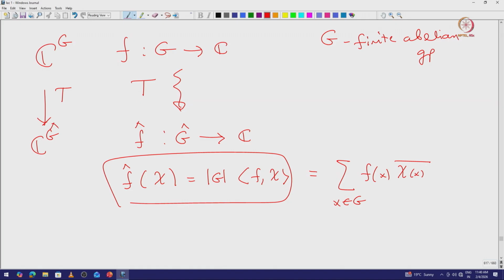We are going to say that this is an isomorphism, and these f hat of chi are called the Fourier coefficients of f. The Fourier inversion tells you that given f hat, one can recover f completely.